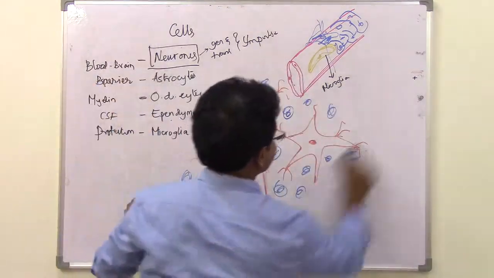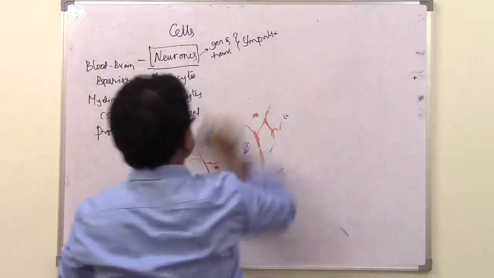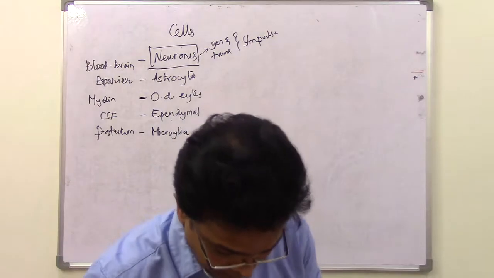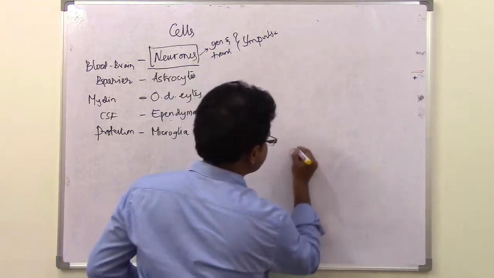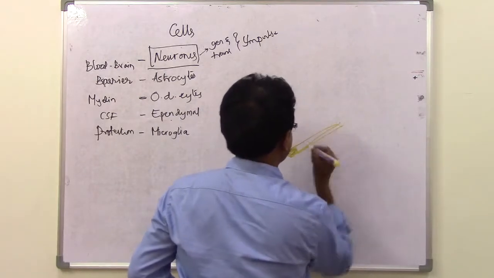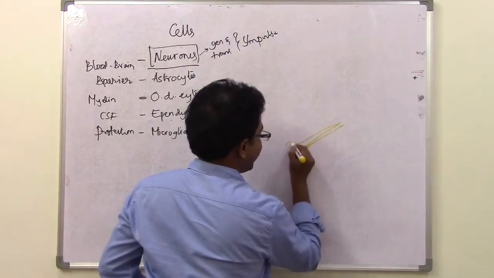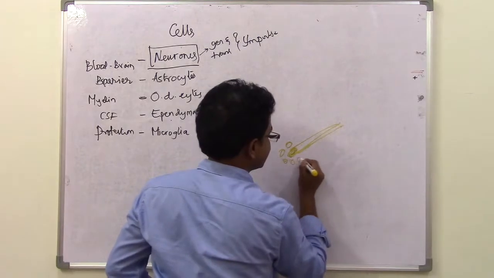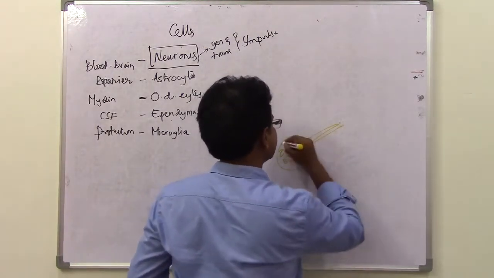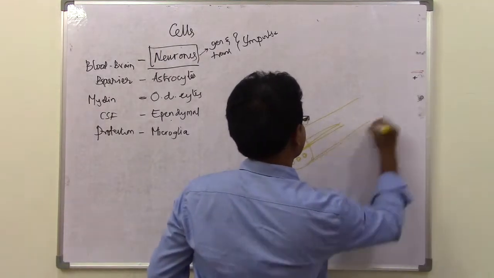We know neuron, and we need to know about a nerve. Okay, so this is a small nerve. One axon, and axons like this come together and form a bundle.